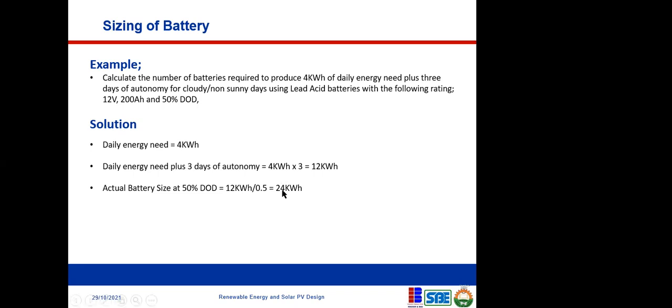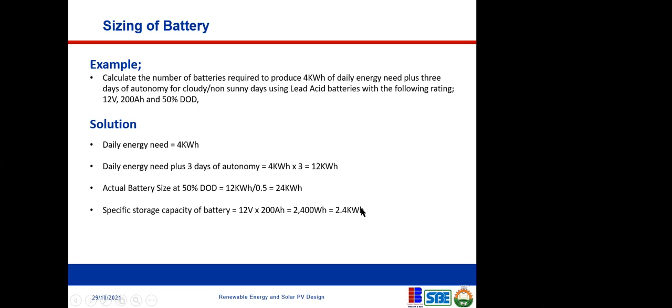Let us now calculate the energy content of every battery. Let us determine the energy content of one battery. The specific storage capacity of a battery is 12 volts times 200 amp hour, which will give us 2,400 watt hour. Now we have to convert it to kilowatt hour. When we divide it by 1000, we have 2.4 kilowatt hour.